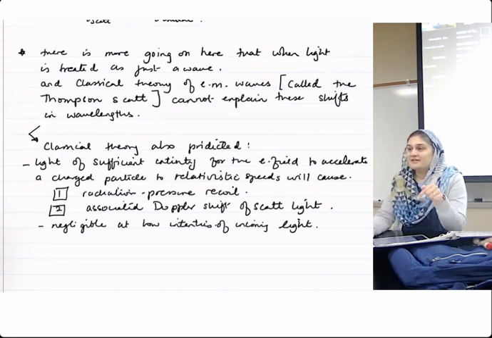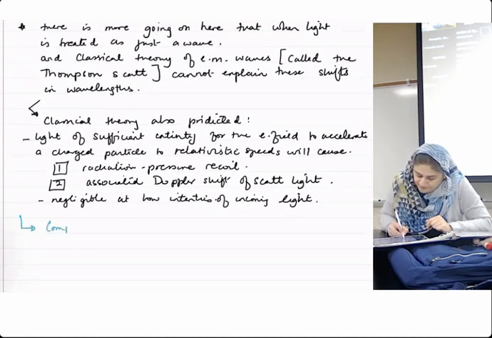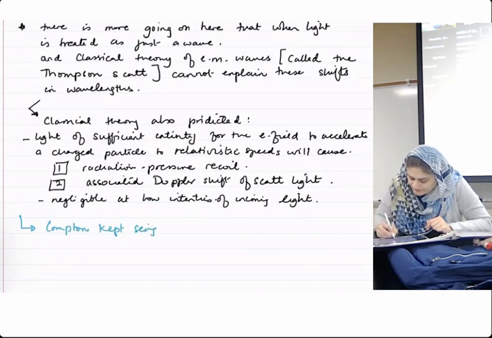Classical theory says that if my intensity is small enough, I shouldn't be seeing anything. But he kept seeing scattering even at very low intensities.